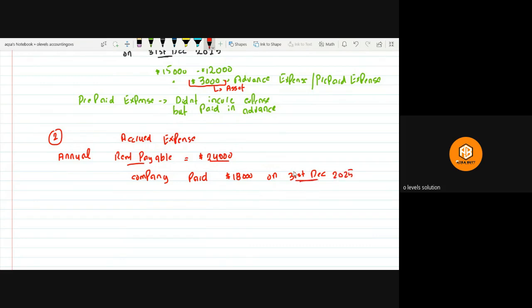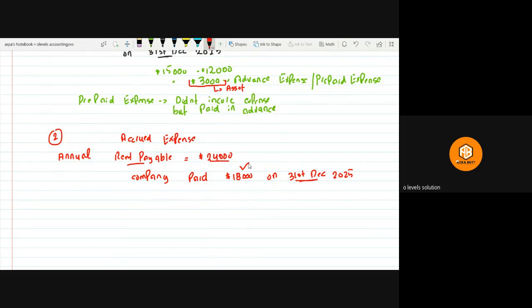So from 1st January to 31st December 2025, the annual expense is 24,000, but you have paid only $18,000. So $24,000 is the annual expense, which means that for 1 month this is equal to 2,000.